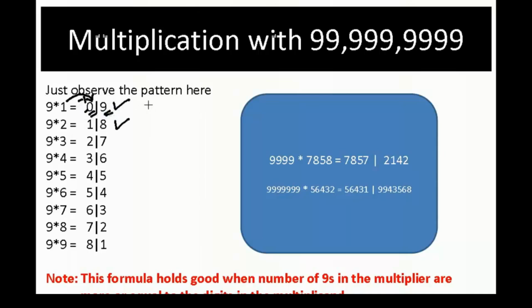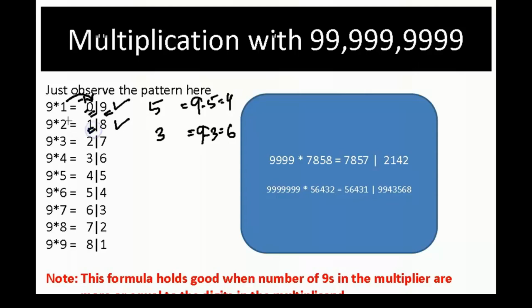When I say the 9's complement of 5 is 4, and the 9's complement of 3 is 6. That means, in simple terms, how much it is less than 9. So this side of the number is the 9's complement of that side.